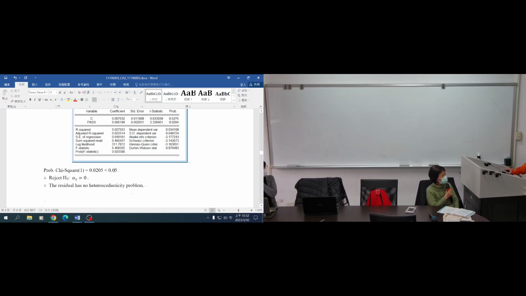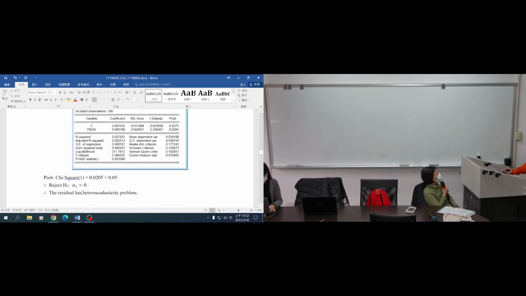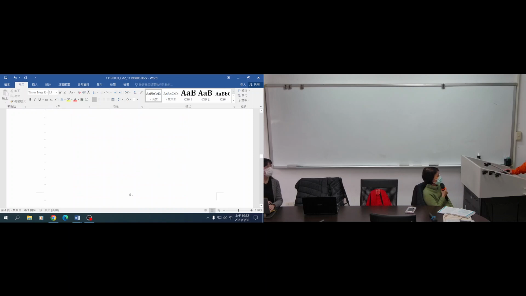Since it is smaller than alpha, we reject the null hypothesis, so there is heteroscedasticity. It really has heteroscedasticity problems.